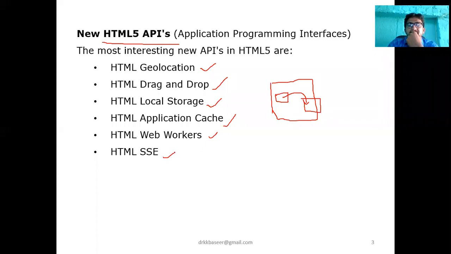As well as the HTML secure socket encryption SSL also is there as a new API. Currently most of you have seen HTTP previously, and right now the latest is HTTPS. S stands for security.